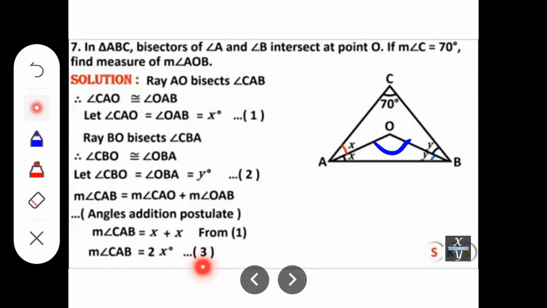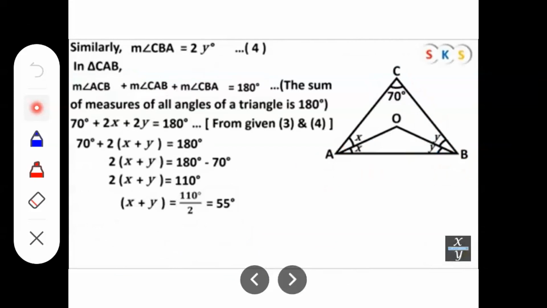That is equation 3. In the next equation, write for angle CBA, the value y plus y equals 2y. So angle CBA will be 2y. That is equation 4.